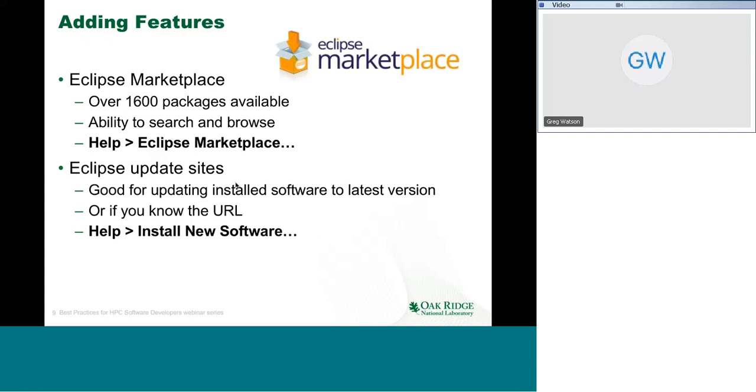If you don't know the URL, then it's not as easy to use as the Eclipse Marketplace. And that's also accessible from the Help menu. So you go to Help and then Install New Software, and then you can type in the URL if you know it.